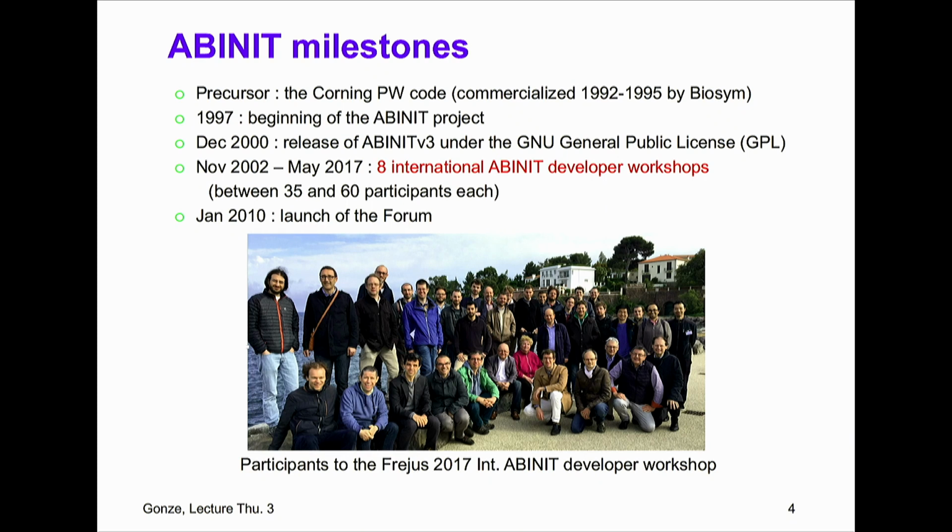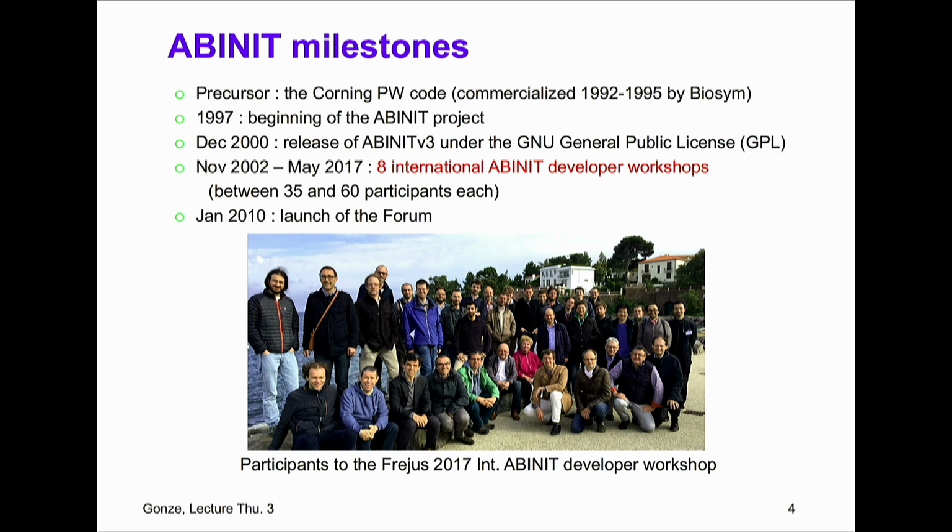So, some milestones: we released ABINIT for the first time in 2000, but it had already some precursor, the Corning plane wave code. And then every 2 years, we have a developer workshop with between 35 and 60 participants each.